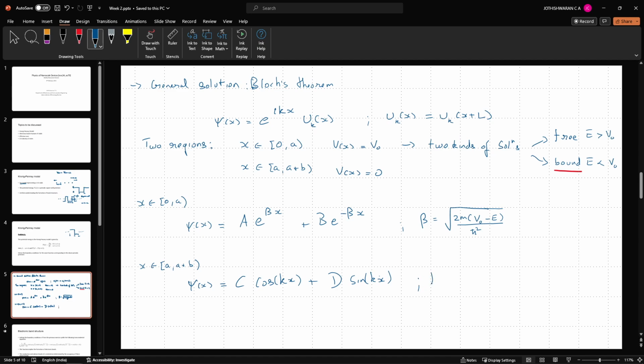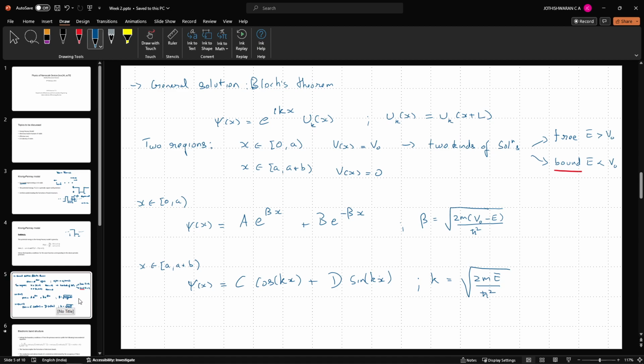Here, of course, k is given by the square root of 2mE by h cross squared. So essentially, if we know that the particle is in a bound state with energy less than V naught, lying in this potential, then depending on which region it is, the wave function will be of these two forms.